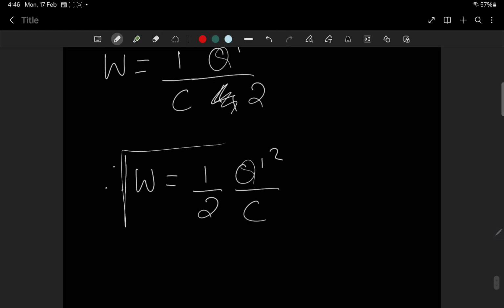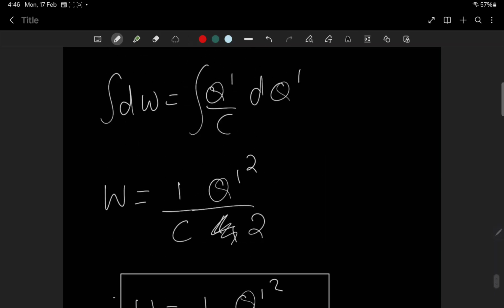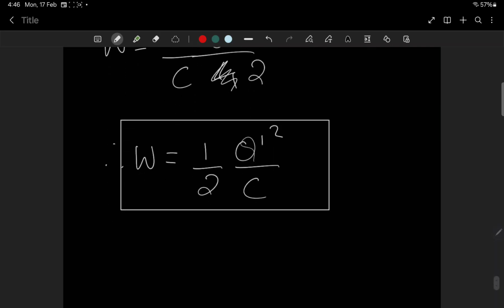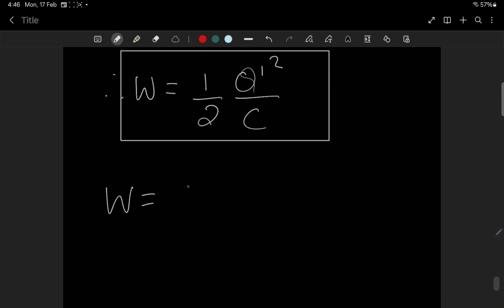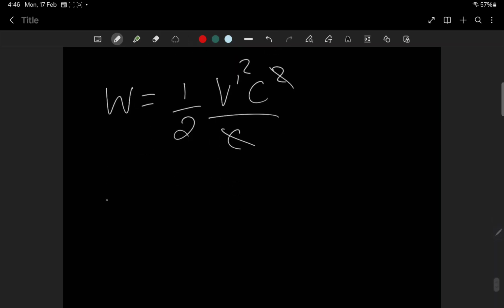This is the work done. Now how can I write Q dash? Q dash can be written as V dash into C. Substituting, 1 by 2 times V dash into C whole square by C. Therefore W is equal to half C V square.